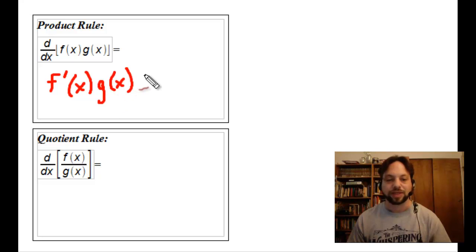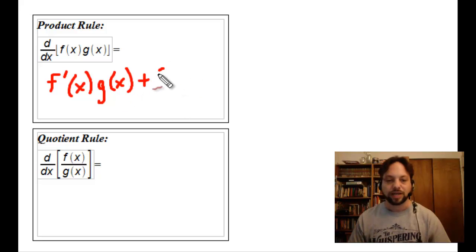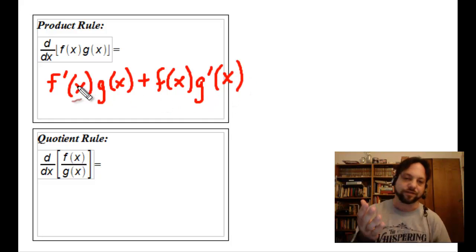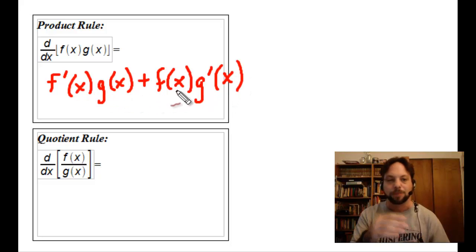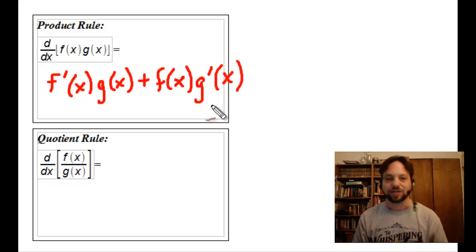And so we'd end up with that as our first grand term, and we'd end up with this as our second grand term. Notice that you could memorize derivative of the first times the second, plus the first times the derivative of the second. A lot of students in the past have memorized these kitschy little things.